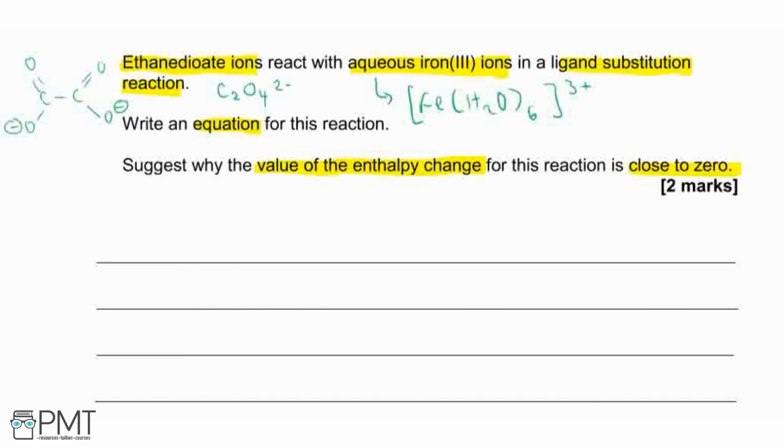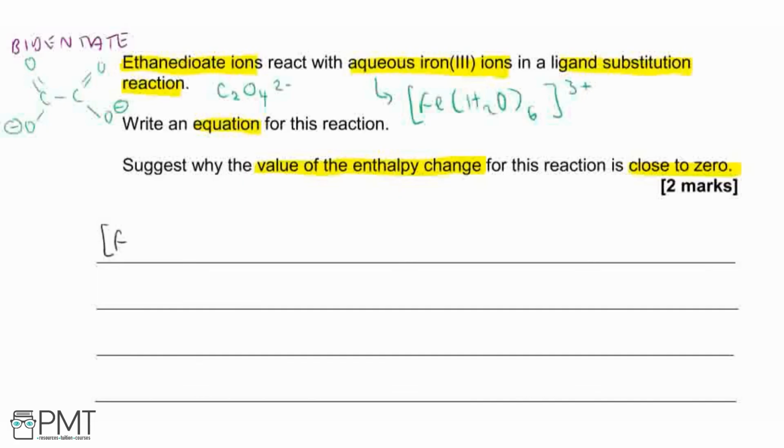And if we get the ligand substitution, we're going to be substituting these waters out for 3 of our ethane dioate ions. And that's because these ethane dioate ions are bidentate, which means that they can form 2 coordinate bonds per molecule.